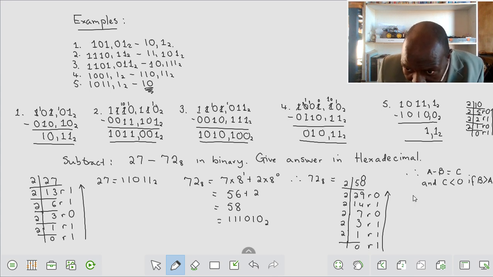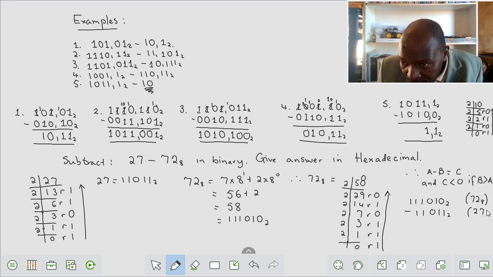So therefore I can say, all right, my answer here is going to be 111010. This is 72 base 8, yeah? Minus 11011. This is what?